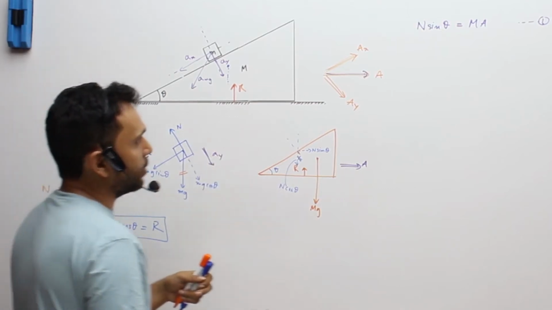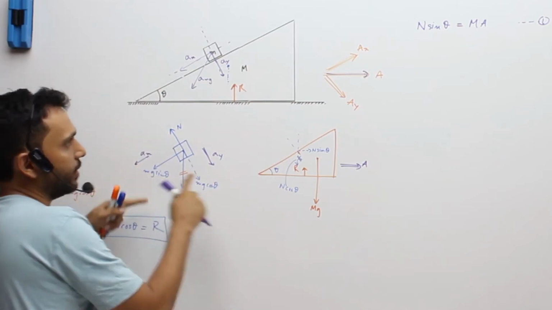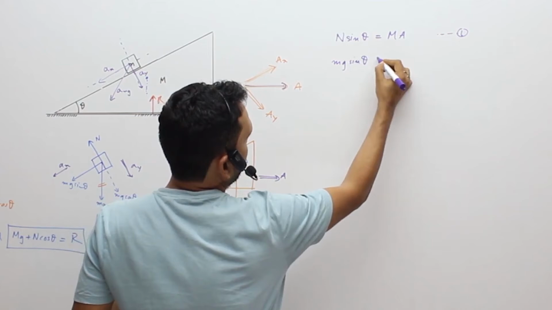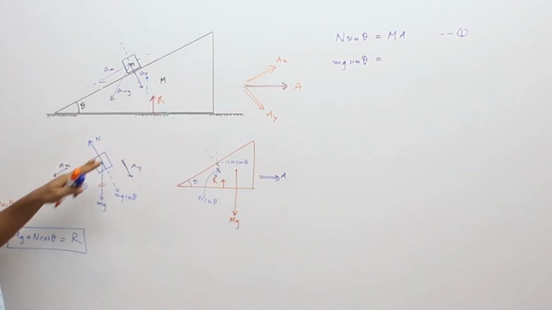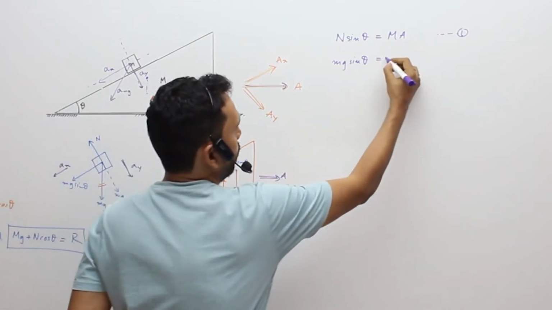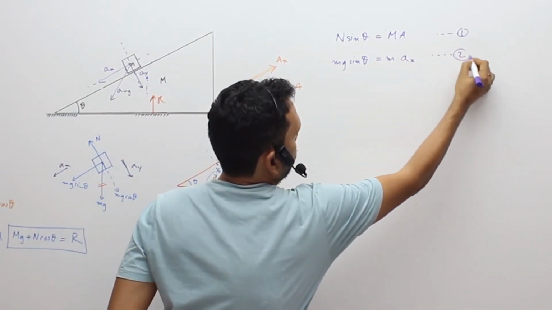So how much would be AX? That is coming from this force mg sin theta. So we have mg sin theta, the only force in this direction of the incline. Had there been some friction, there would have been some other force, but this time it is the only force. It is equal to the mass of the body, small m, into acceleration in that way, AX. That's my equation number 2.